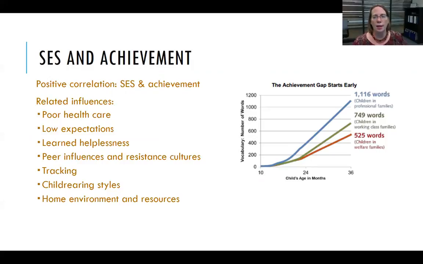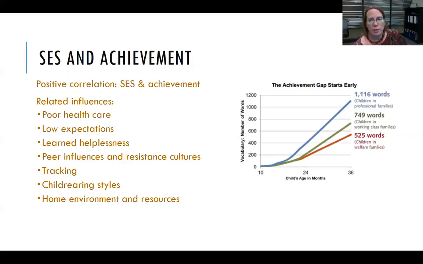So I can't do anything to get out of this situation. So you have this feeling of learned helplessness. I'm not able. And so children see that. They see that modeled to them, and that's what they take on. So there's this idea of learned helplessness can play into this correlation between socioeconomic status and achievement.